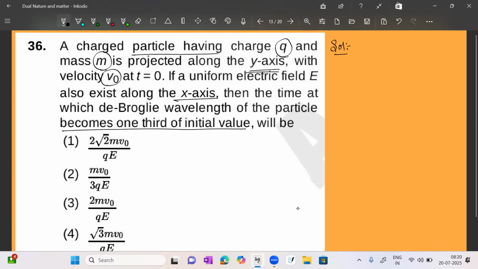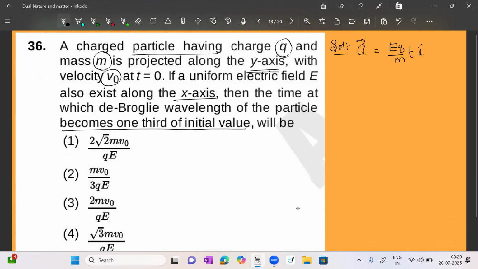So the electric field is along the x-axis, meaning the acceleration we can write as E q by m, along the x-axis only. So the velocity along the x-axis, Vx, as a function of time, is Vx equals E q by m into t.